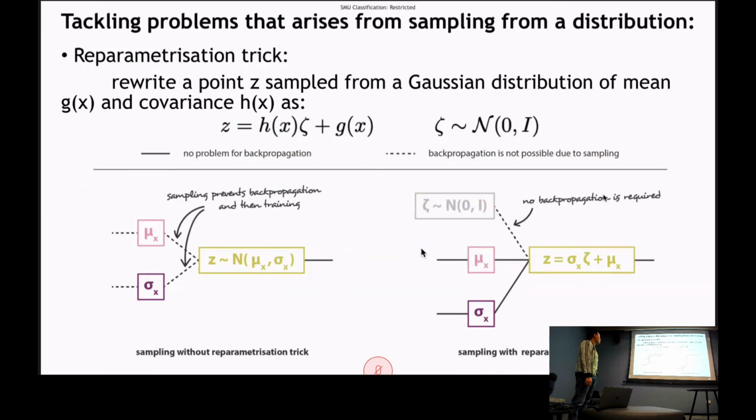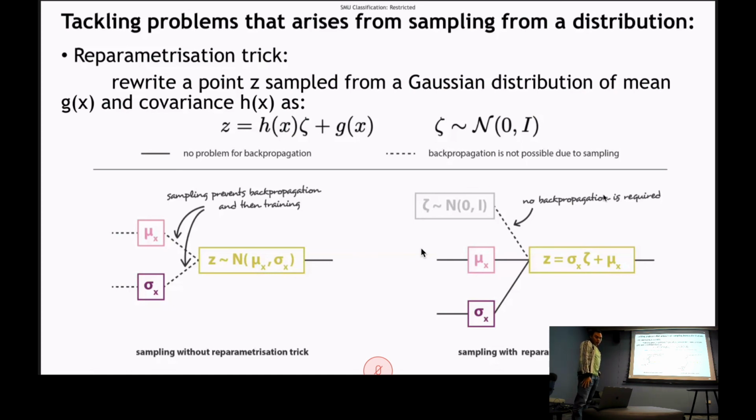If we do that, we also have to tackle a problem, which is how we can backpropagate the loss from the decoder, because right now the input to the decoder would be a point sampled from the distribution.